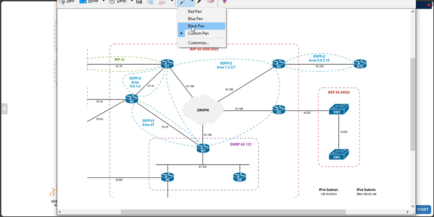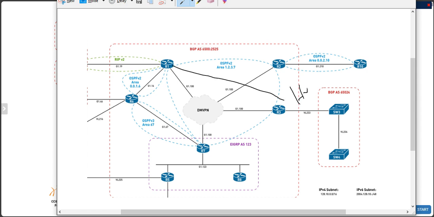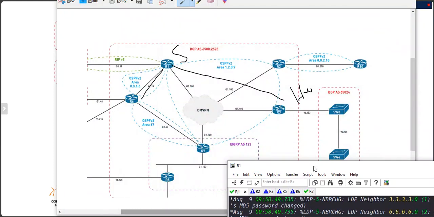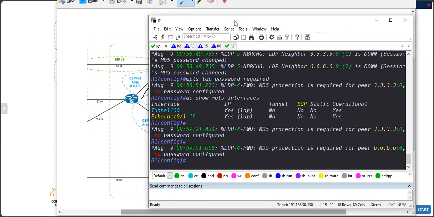Okay. On R1, neighbor with the hub. This is the hub and this is the spoke, and the other one with R6.